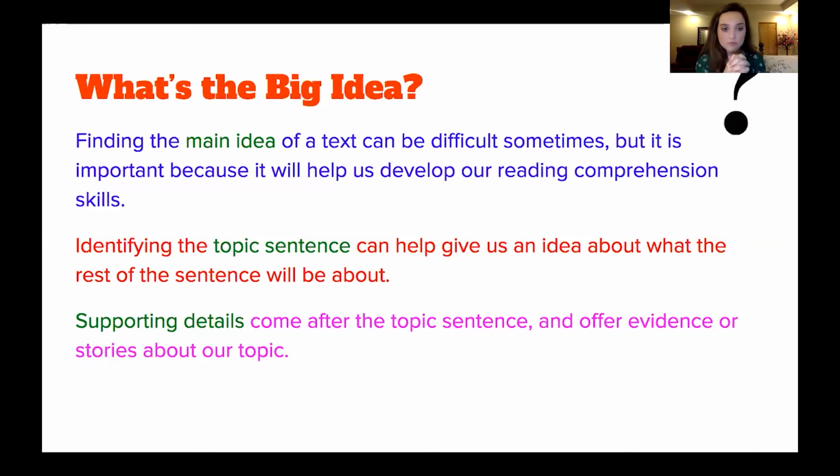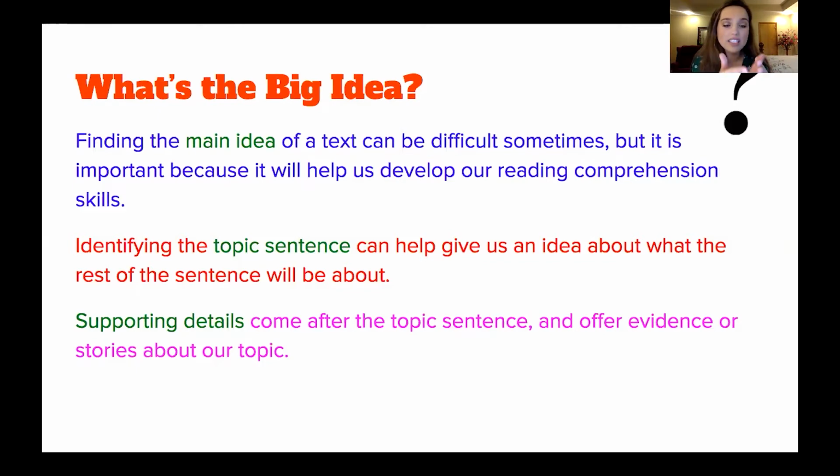So in each paragraph, identifying kind of the topic sentence is what can give us an idea about what the rest of the paragraph will be about. So the topic sentence is oftentimes that very first sentence in a paragraph. That first sentence is going to give us an idea for what will be going on in the rest of the paragraph.